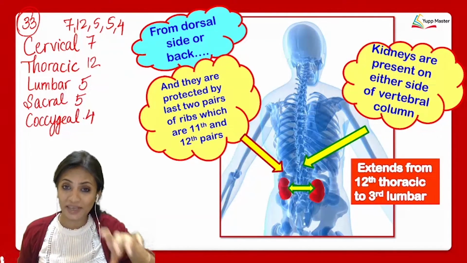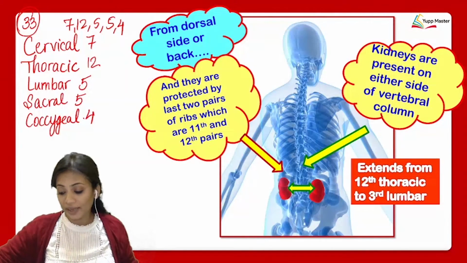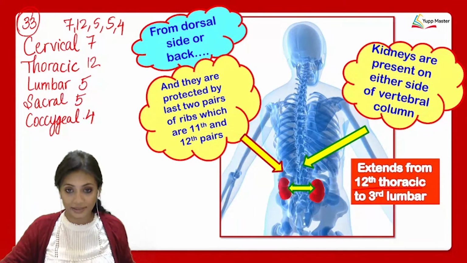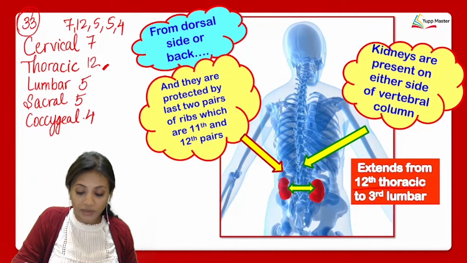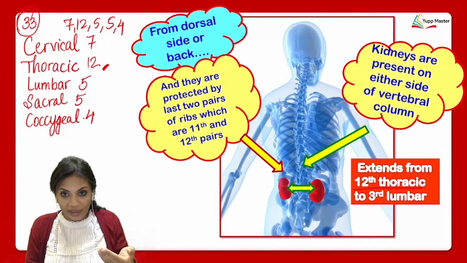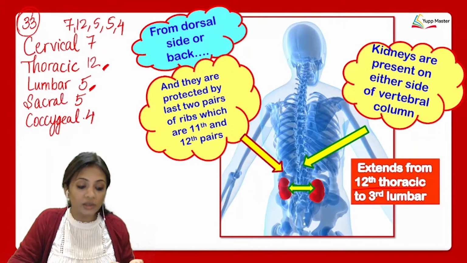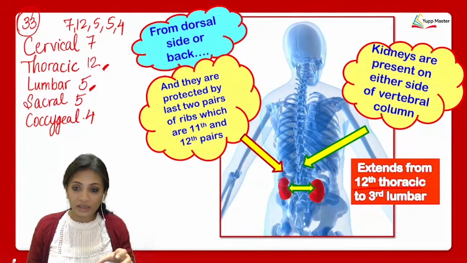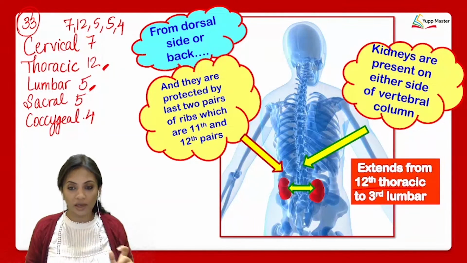Now, talking about the placement of the kidneys, they are placed from the 12th thoracic, the last thoracic vertebra, and range all the way up to the 3rd lumbar. So we see here, 12th thoracic to 3rd lumbar vertebrae.